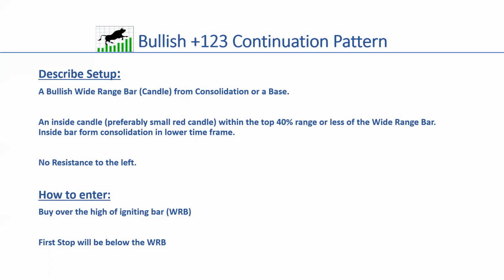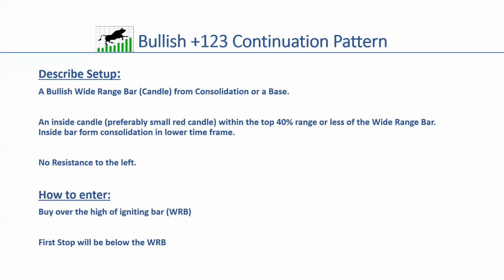When they broke out, that was the ignite, they are igniting a new move. So that WRB is also called the igniting bar. After the WRB, there is a small bar, and then there is the third continuation bar. When the third continuation bar takes out the high of the WRB, that is where we have to enter into the trade.